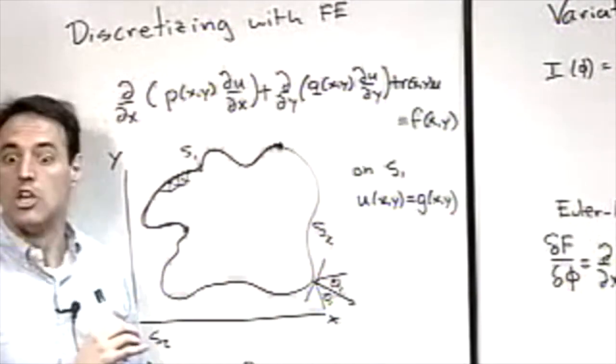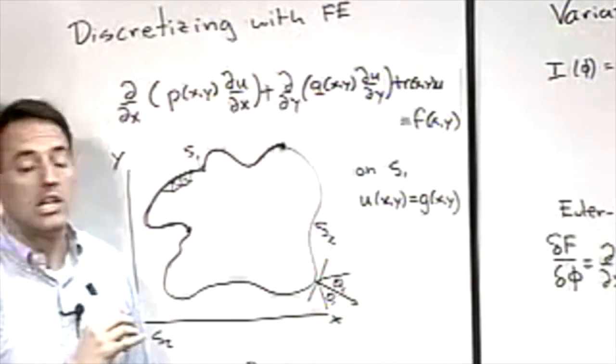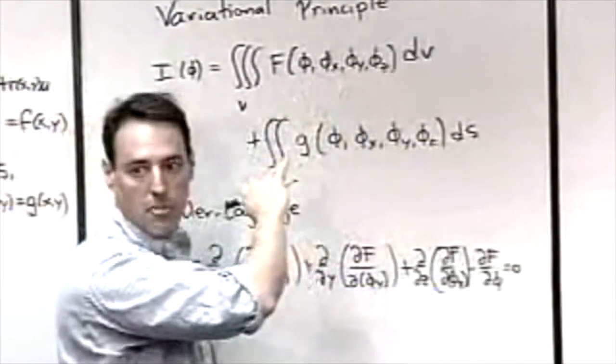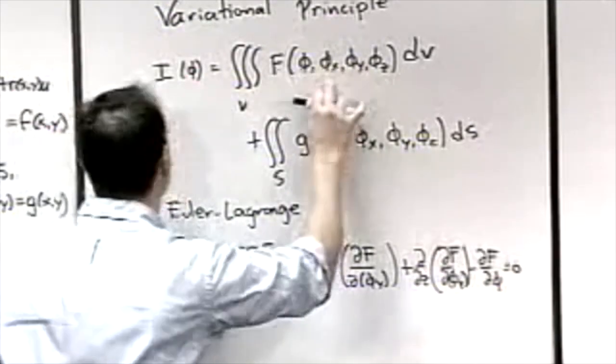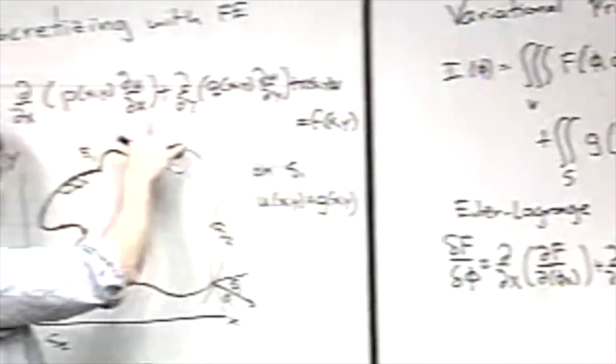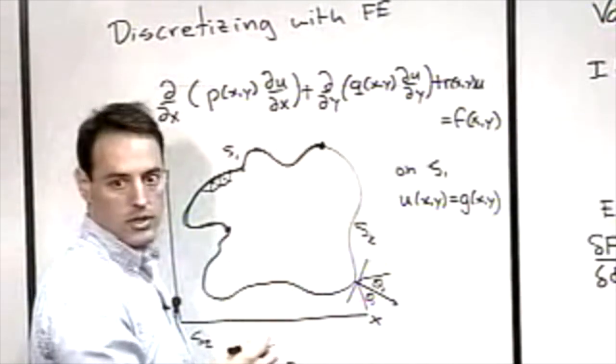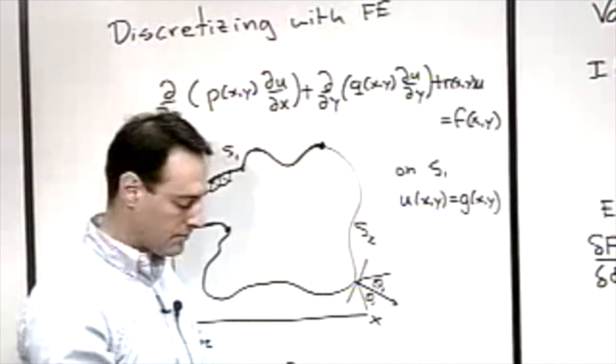So the question is, do you in fact do that? Let's look at just the f component, because this here is the interior of the domain, where this interior should give me back this thing here. Okay, so let's run it through these Euler-Lagrange equations and see if that's true.